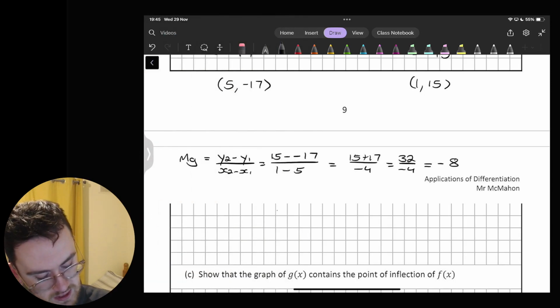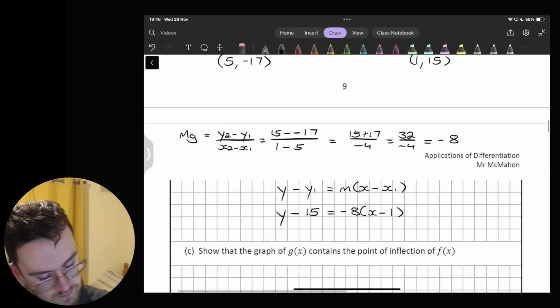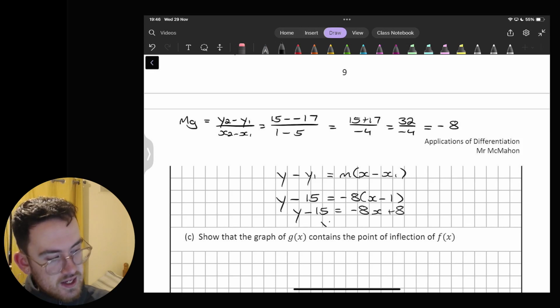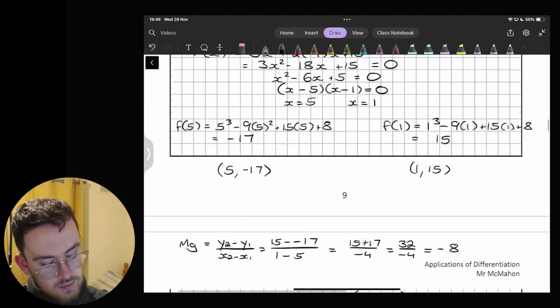My equation of the line then: y minus y1 equals m times x minus x1. So y minus, let's use the second point there, y minus 15 equals minus 8 times x minus 1. So y minus 15 equals minus 8x plus 8. It doesn't really matter what form we write the line in.